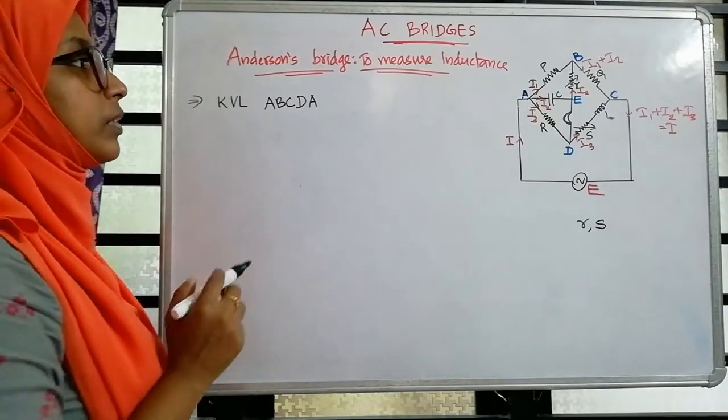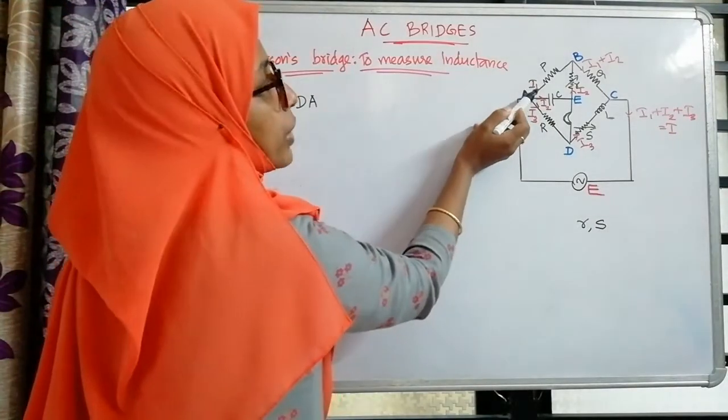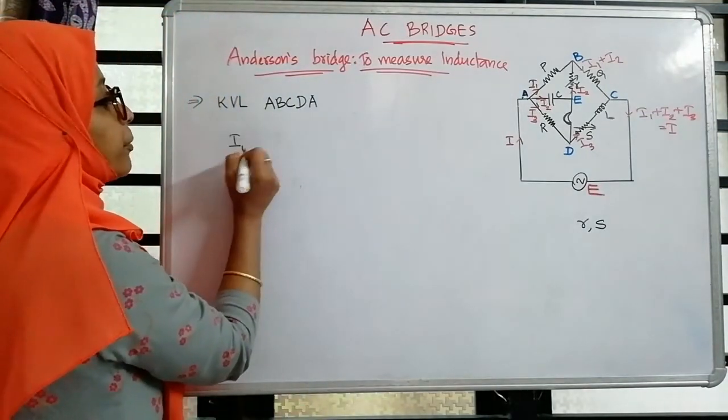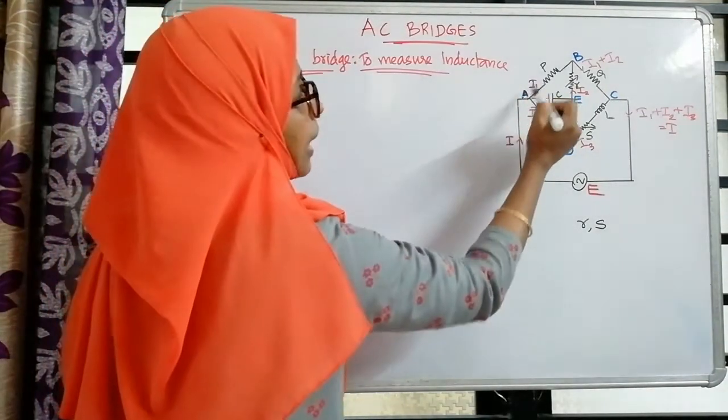Now the voltage law: the current into the corresponding resistance, that is I1 into P, and in this AB, it's finished.